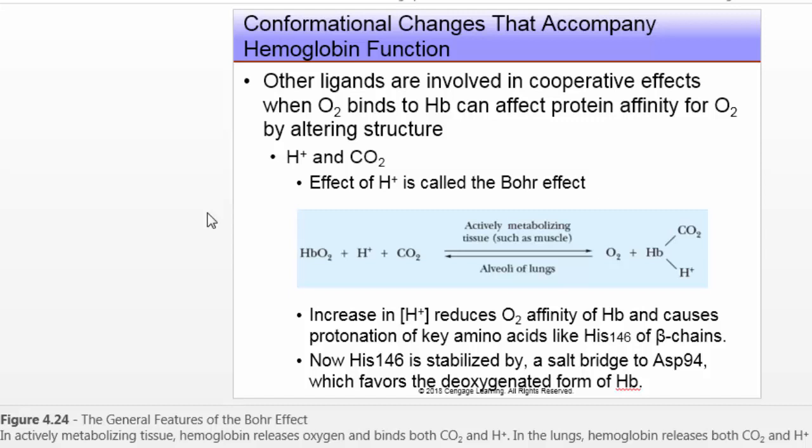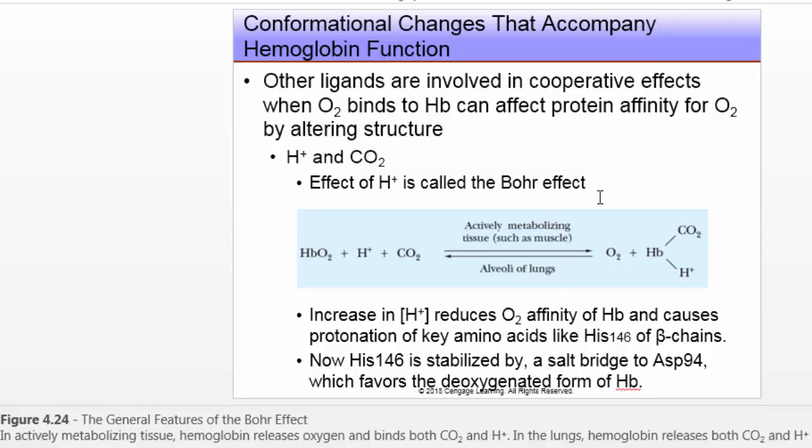Now, the effect of H plus is called the Bohr effect, after its discoverer, Christian Bohr, the father of physicist Niels Bohr. The oxygen binding ability of myoglobin is not affected by the presence of H plus or CO2.